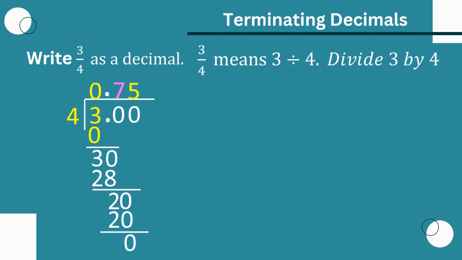Look at the remainder. What is our remainder? The remainder is 0. If we change 3/4 to a decimal, the answer is a terminating decimal. 0.75 is a terminating decimal, or 75 hundredths.